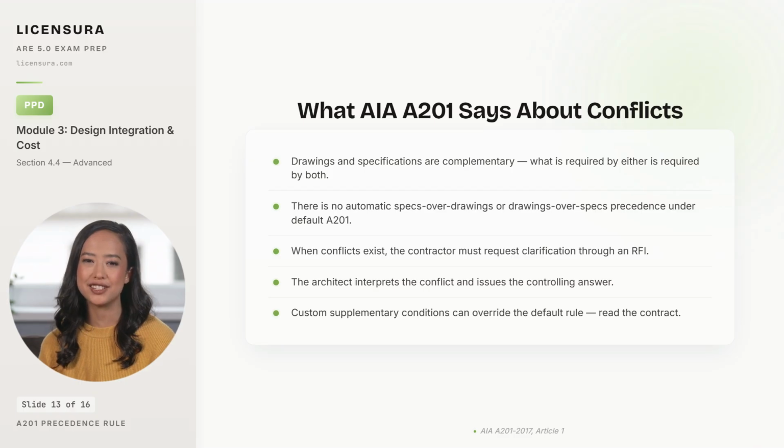When conflicts exist in the documents, the contractor must request clarification through an RFI, and the architect interprets the conflict and issues the controlling answer. The architect's interpretation has contractual weight under A201, which is why the architect is the named interpreter rather than the owner.